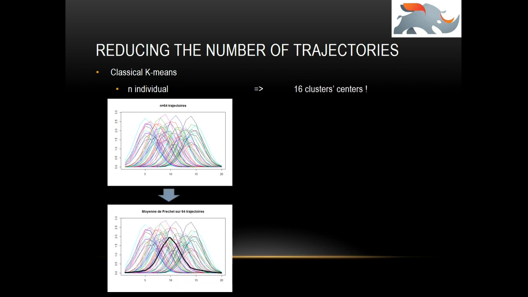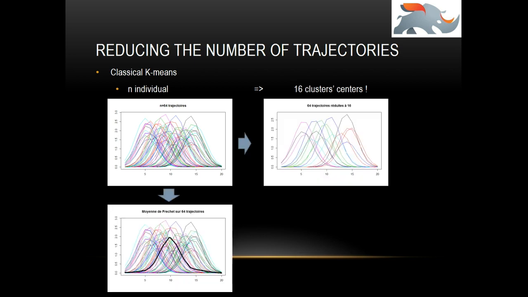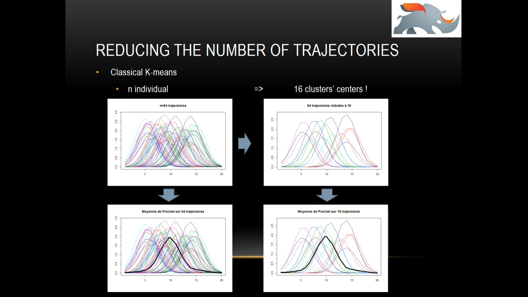So instead of computing the Frechet mean, we will first make some election with, for example, 15 clusters. If we have enough clusters, every single trajectory will be very close to one cluster, so it will really be representative of the population. And then we make the Frechet means on the 16 clusters.